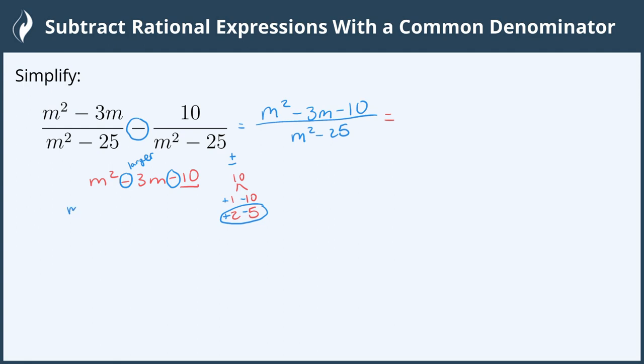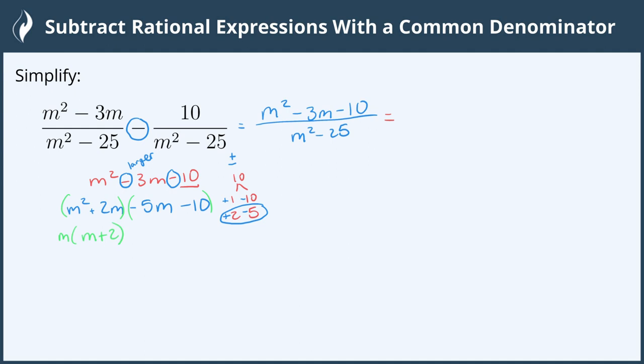So we replace the middle of m squared with our plus 2m, our two factors, minus 5m, and we keep the negative 10. Now we'll go ahead and group the first two and the last two. The first two, the greatest common factor is m. So we have m plus 2 left over.